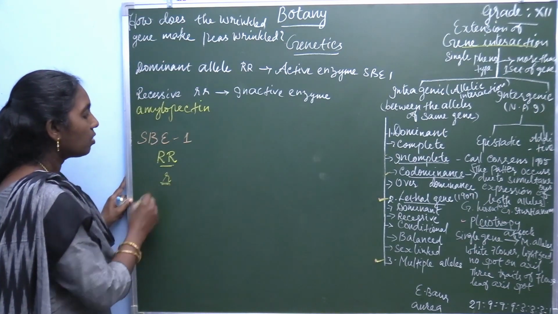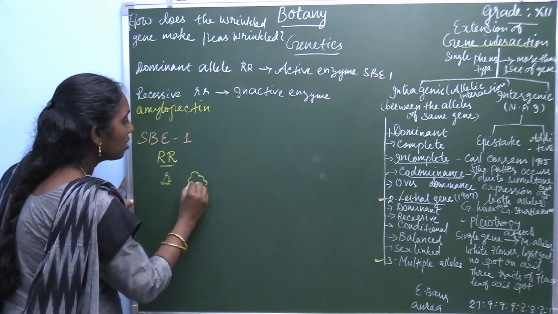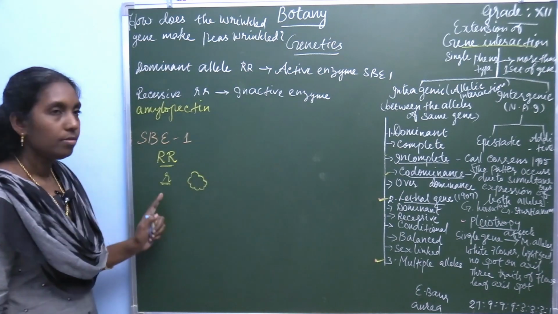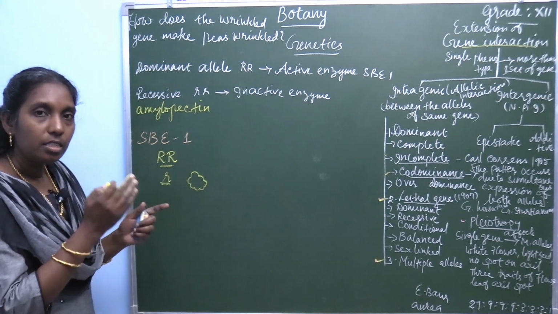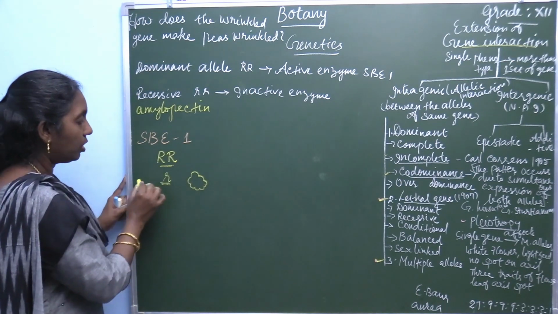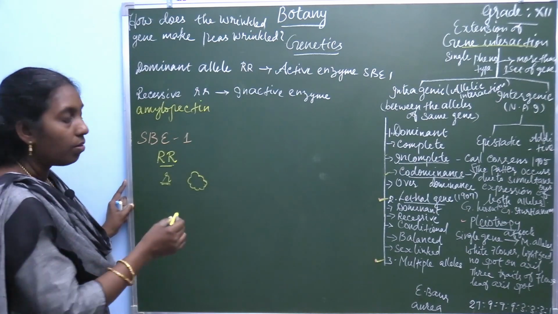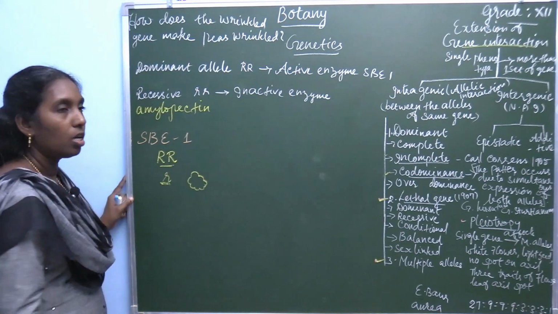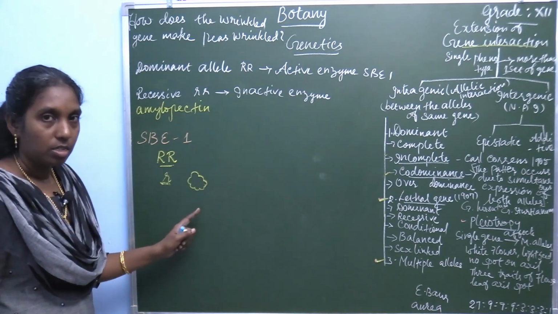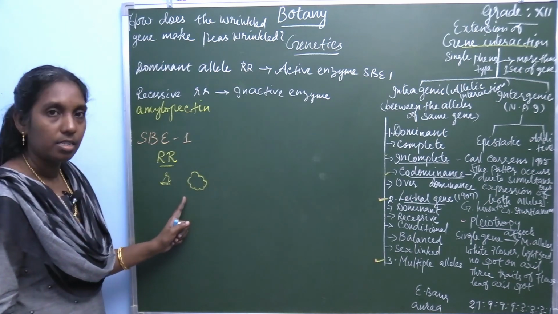So, this recessive forms the wrinkled seed. Extra DNA in the normal R gene, there is an insertion of this small r. So, it creates the wrinkled seed.